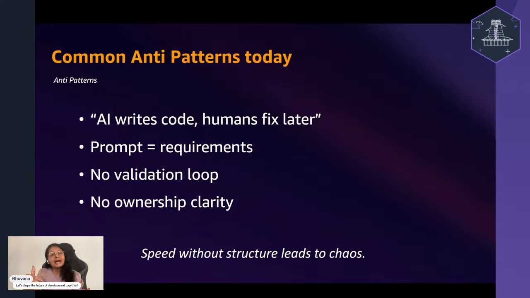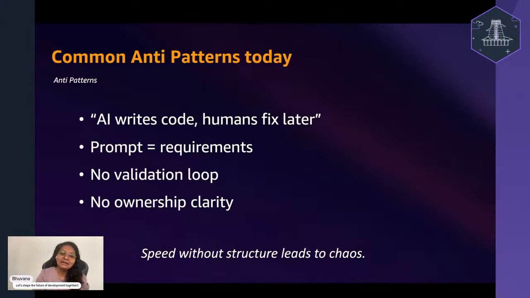The actual requirements of your business ambition have to be well understood before converting them into code, and there is no proper validation loop, so it randomly creates whatever, which is not the right thing. And who owns what? Whatever AI creates, we can't own, because it just creates fragmented pieces. How would you avoid all of that? We don't want to get into a stage where speed without structure leads to chaos.